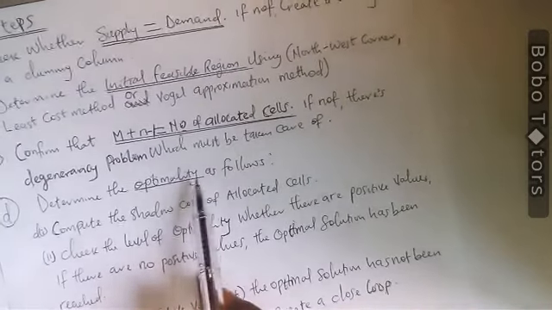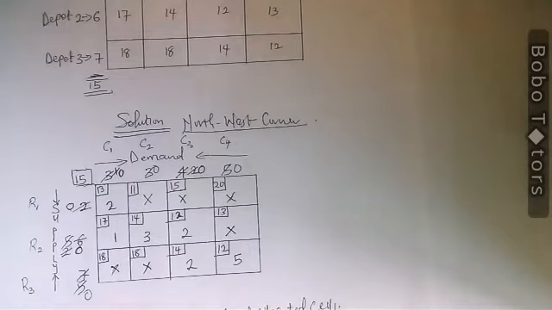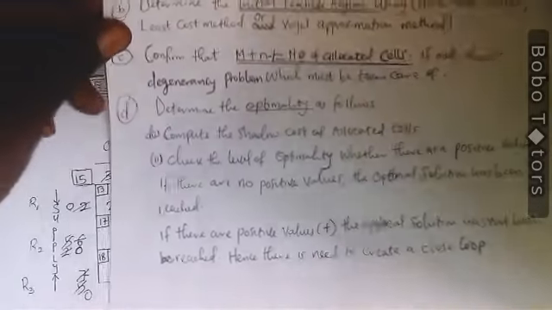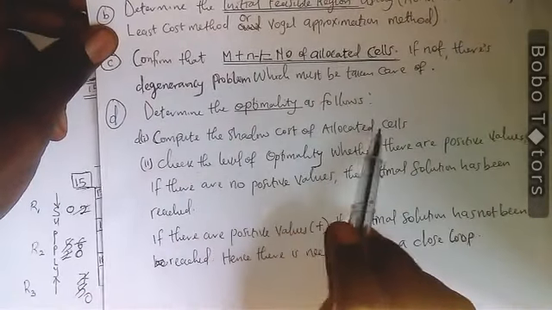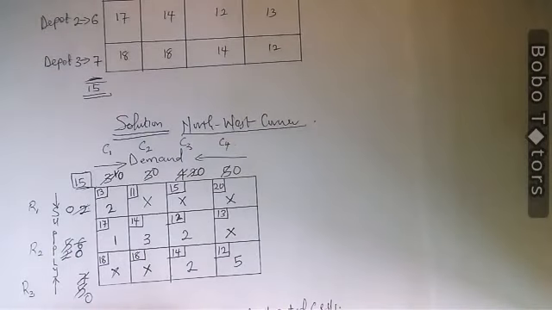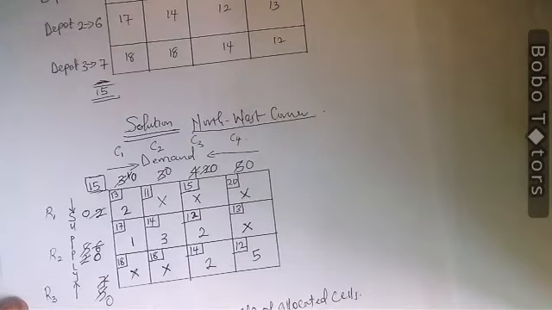Now the third step is to determine the level of optimality. In order to determine that, we are going to compute the shadow cost of allocated cells.